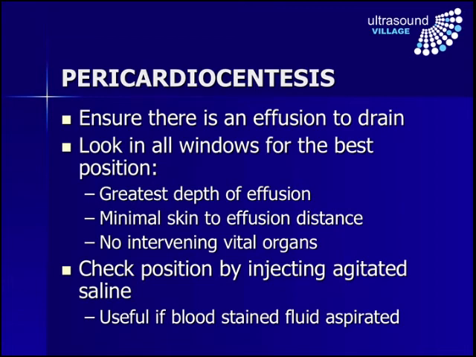If you think you're in the right place, and you won't usually be able to hold the probe in a position that you can see the needle, with your probe looking at another window, you can inject a little bit of agitated saline. And if you're in the right position, you'll see the bubbles in the agitated saline spread throughout the pericardial effusion. That can be quite helpful, in particular if you're aspirating blood-stained fluid and you're not sure if you're actually in the effusion or in another structure.